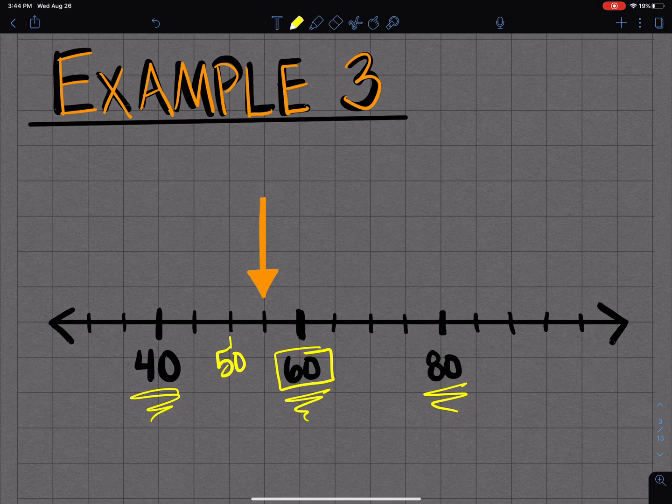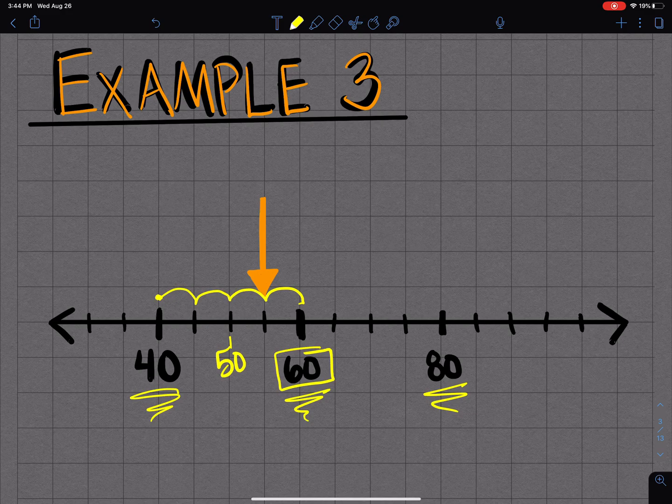Now, let's try and count by a different number. How about counting by twos? 40, 42, 44, 46, 48. Nope, I didn't get to 60, so I'm going to erase that again. And let's try something else. Let's count by fives. 40, 45, 50, 55, 60. Did that do it? Yeah, it did.